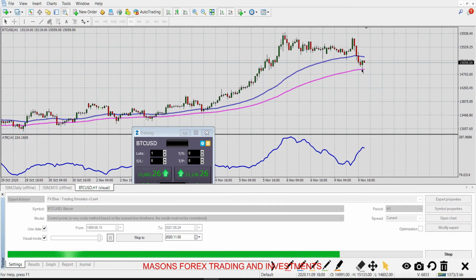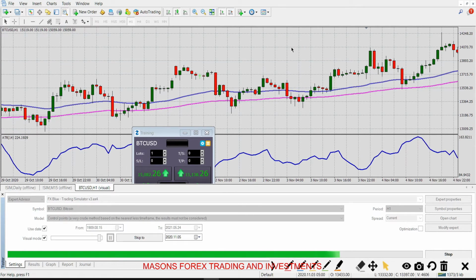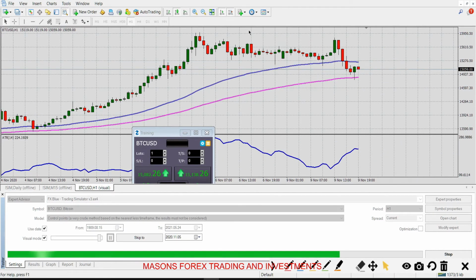So this is just a guide. You can use it if you wish, or you can test with it or without it. You have this back testing or simulating software to test any method or technique that you have.